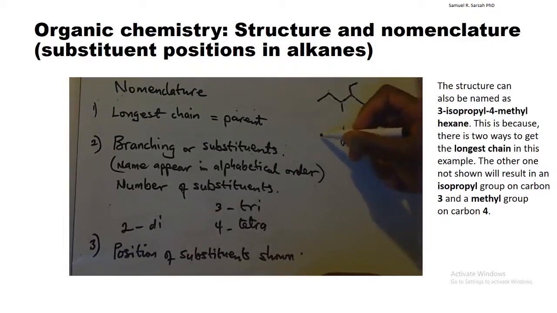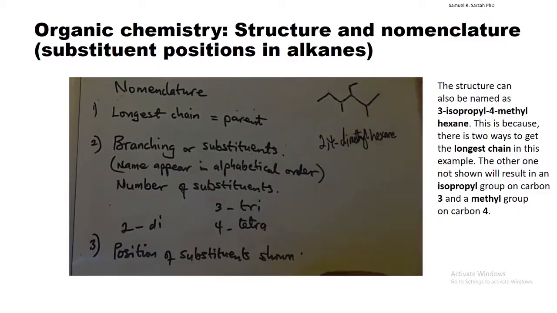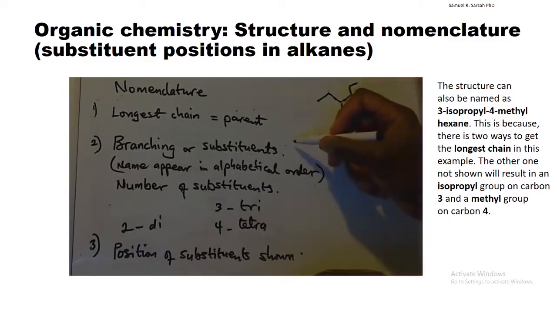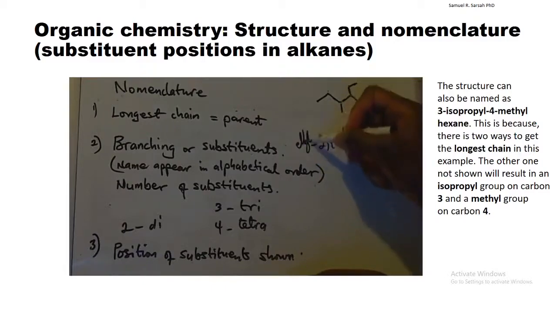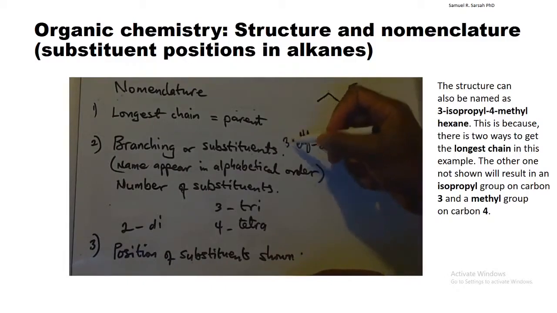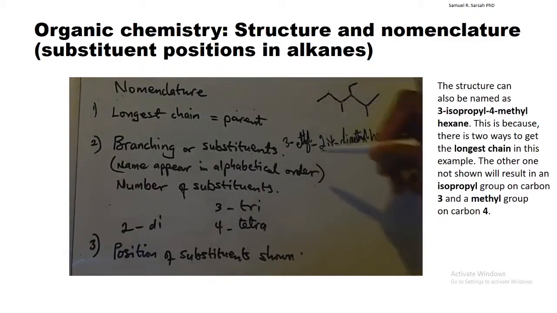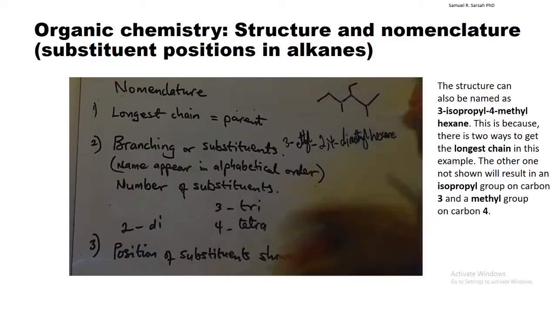So write 2,4. And then this ethyl group is on carbon number 3. So write 3. So the name of this will be 3-ethyl-2,4-dimethylhexane.